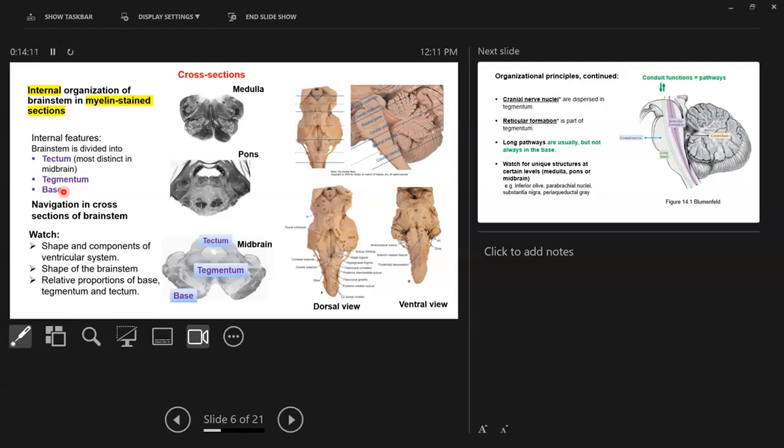That is because of pathways and some unique structures that occur in the pons. So all of these proportions will change, and it is a good idea, generally speaking, to follow the ventricular system and the shape of sections to understand the level we are looking at.